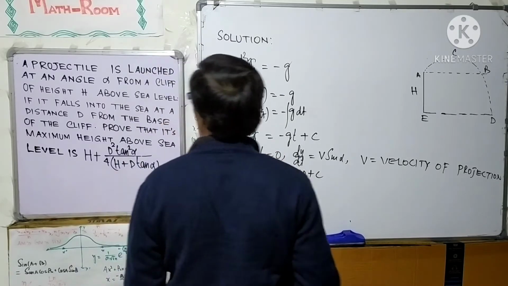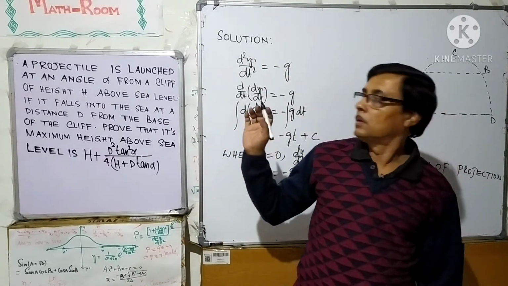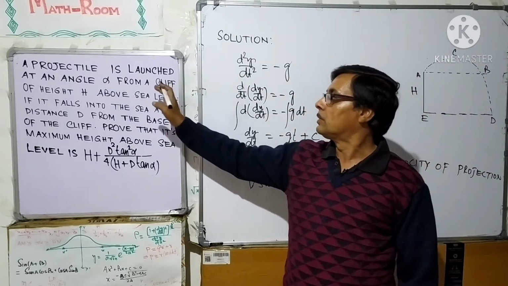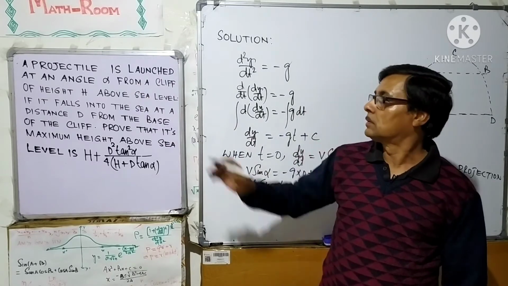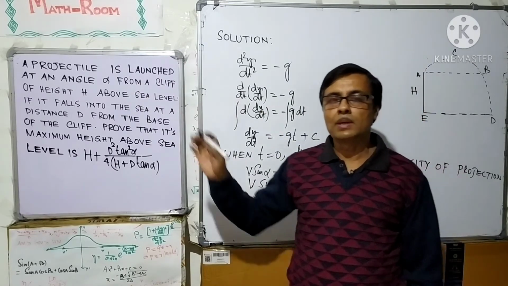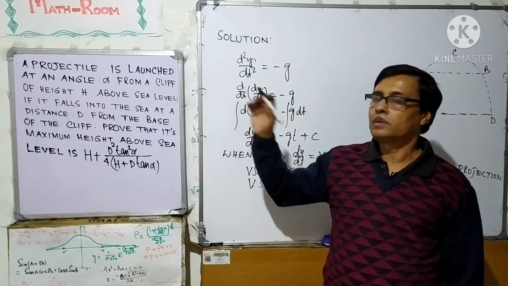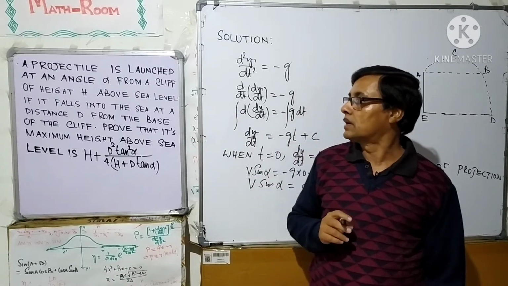Here alpha is the angle at which the body is projected in the space, the inclination of the projectile with the horizontal axis, that is the horizon.